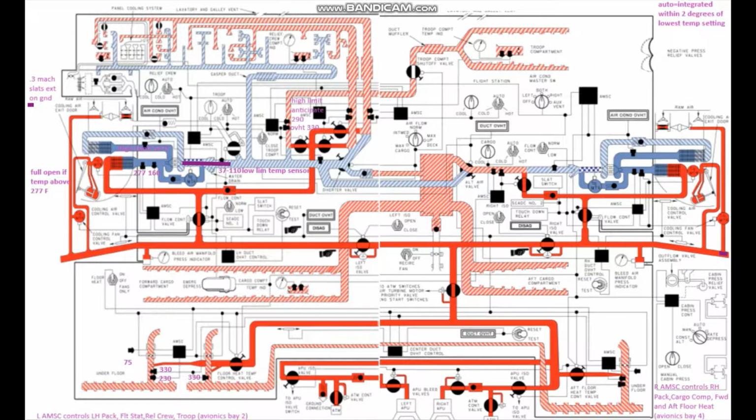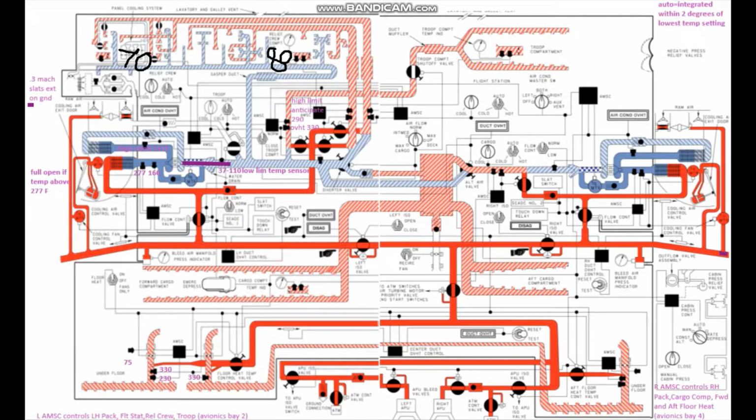In auto, we can have settings up here for each compartment. So in the flight deck, let's say the engineer has it set to about 70 degrees. And then in the courier compartment, the setting up here, I have it at 80.